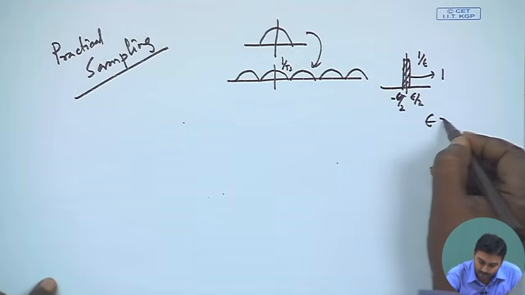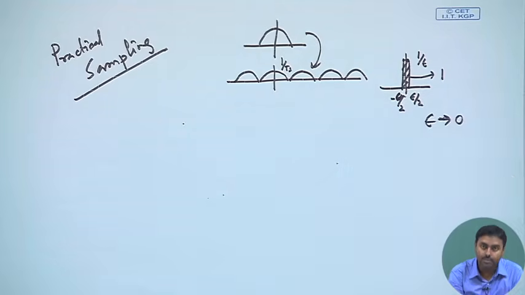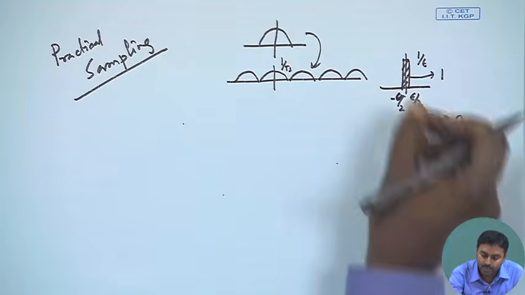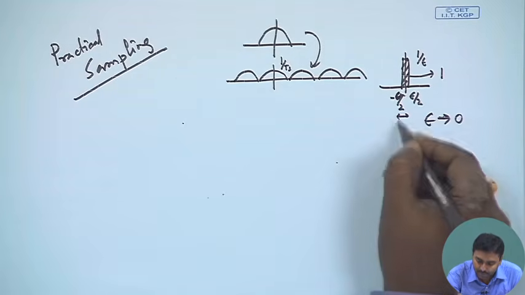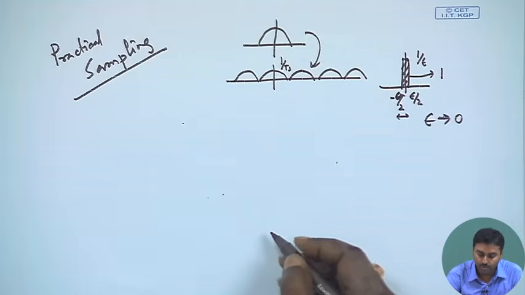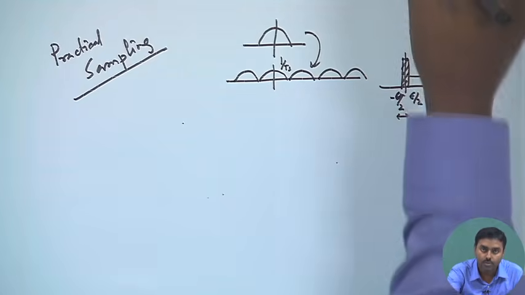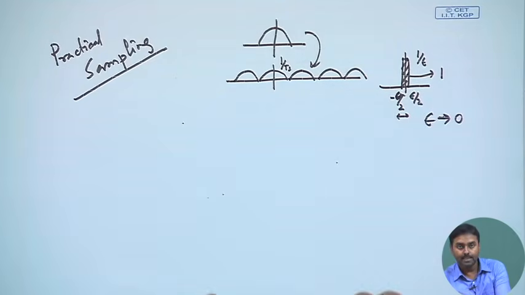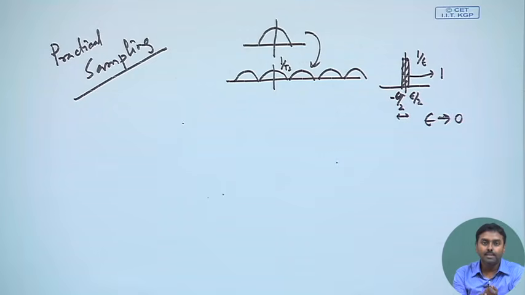Then we make epsilon tend to 0. So, this pulse width almost vanishes, because the pulse width epsilon goes towards 0, and the height goes to infinity. So, that is actually an impulse. For an impulse, the pulse width is infinitesimally small, it tends to 0, whereas an actual pulse will have a finite duration.